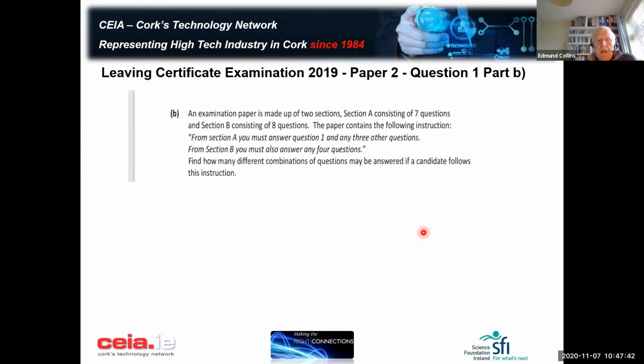So that's from section A. Now, obviously, you must also, from section B, answer any 4 questions. So find how many different combinations of questions may be answered if a candidate follows this instruction.